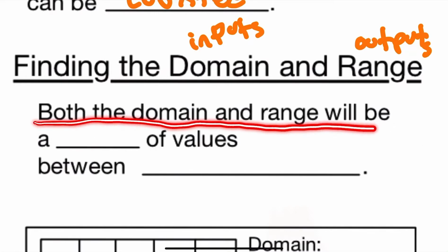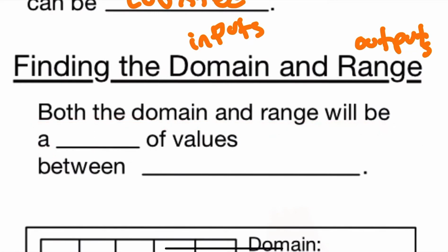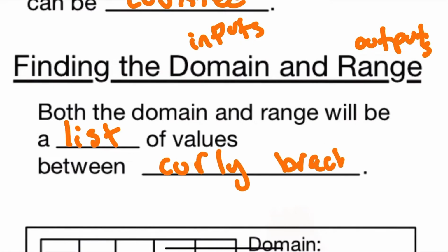So, it says to find the domain and range. Both the domain and range will be a list of values between curly brackets. Okay, so we're literally just writing down a list of numbers that are in our domain and our range.